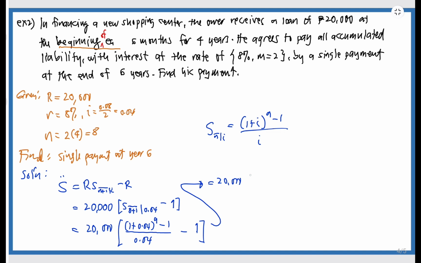Simplifying this, we'll have 20,000 times, let me check our calculator here, 10.582795 minus 1, which equals 191,655.91.